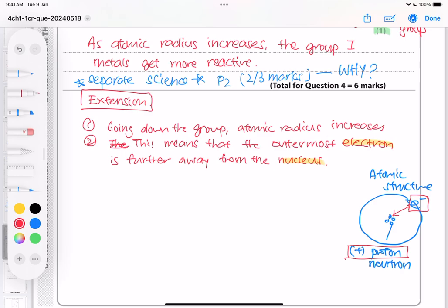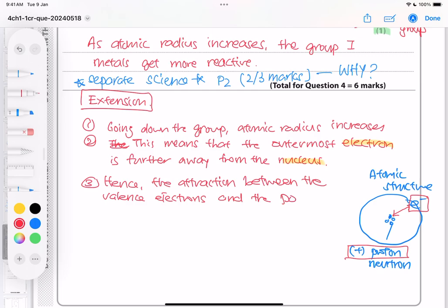All right, so what happens here? This means hence the attraction between the valence electron and the positive proton in the nucleus is weaker.